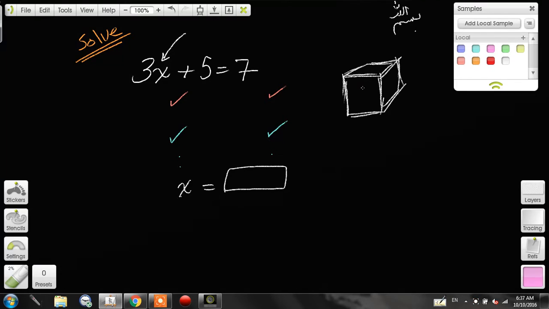Inside this present, it's like the x, right, inside of it, and then you have a nice little box, and it's gift wrapped, and then here's a little bow tie. Again, you're giving a nice present to your buddy, so you tied it up like this, so you have a gift. Okay, like that. Now, if you were to open this box, you wouldn't take the paper out first, right?